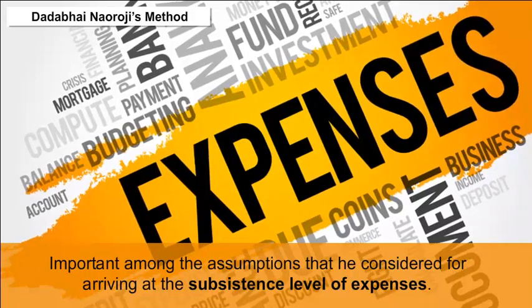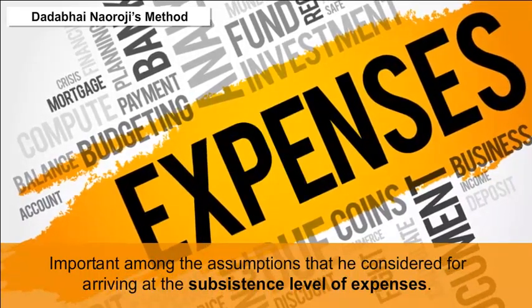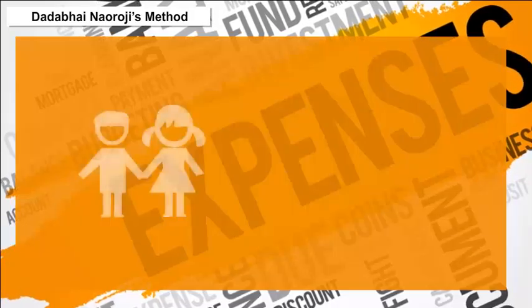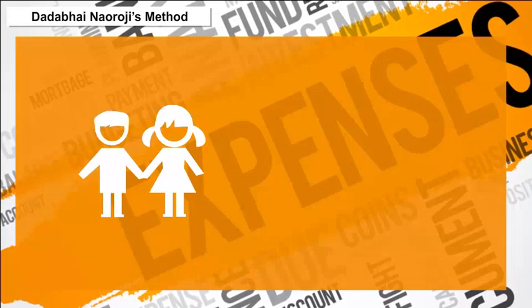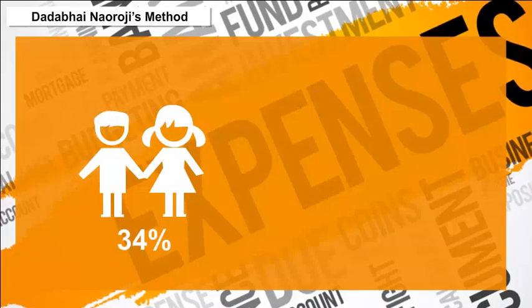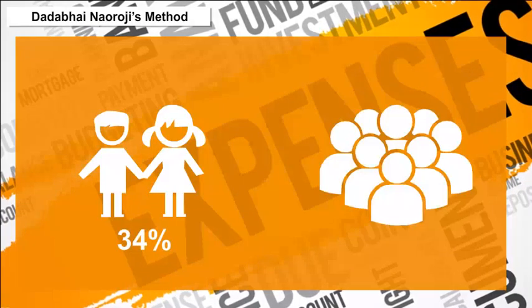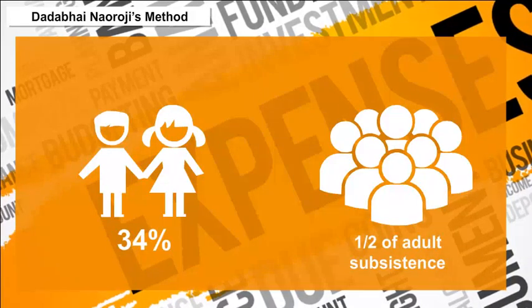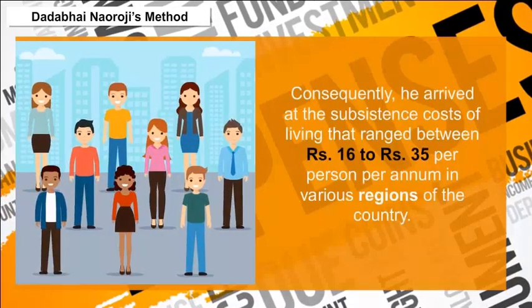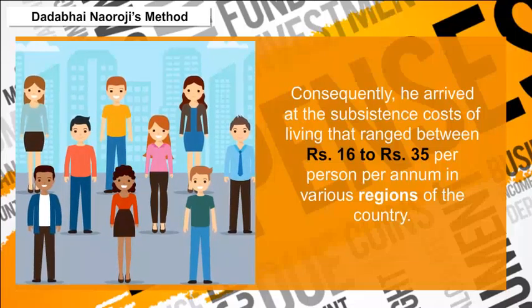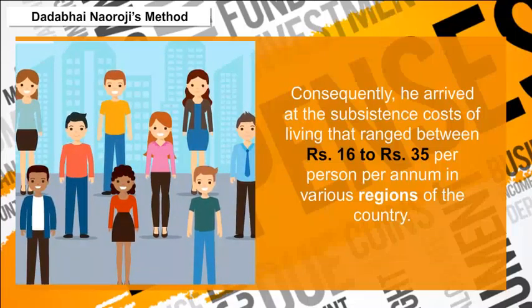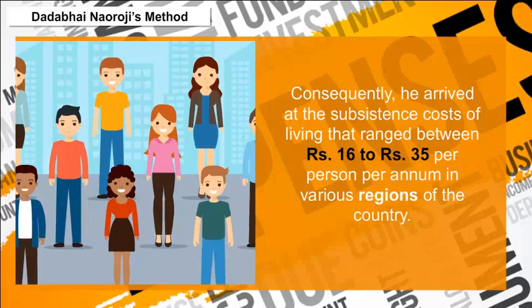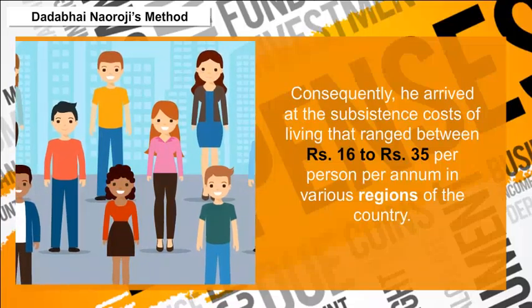Important among the assumptions that he considered for arriving at the subsistence level of expenses was that about 34% of the children population did not cost anything, and the remaining half cost one half of the adult subsistence requirements. Consequently, he arrived at a subsistence cost of living that ranged between 16 rupees and 35 rupees per person per annum in various regions of the country.